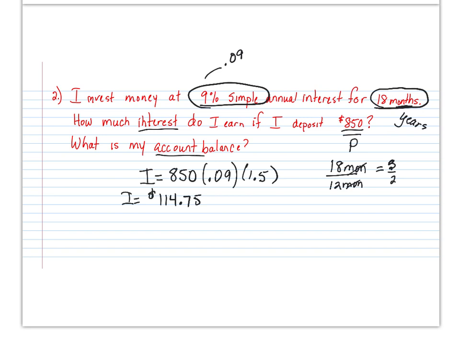Now for my account balance, we start with my principal plus my interest. The principal amount I put in was $850 plus my interest of $114.75. Add those together and we get $964.75. That's how much would be in my account.